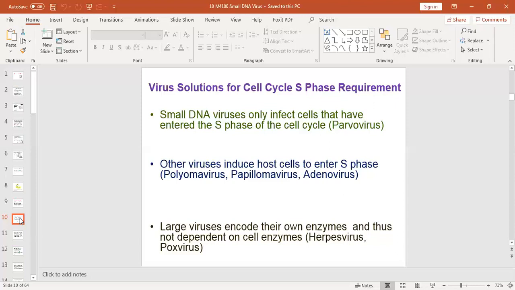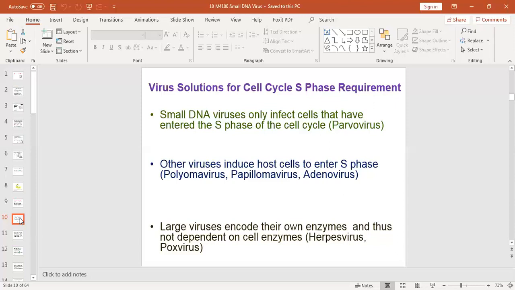So let's recap. DNA viruses, when they come in, require the host cell to be in the S phase of the cell cycle so they can hijack the machinery. How can they overcome this? Three ways. One is that some small DNA viruses, such as parvovirus, only affect those cells that are in the S phase.